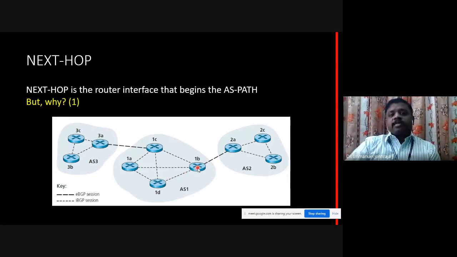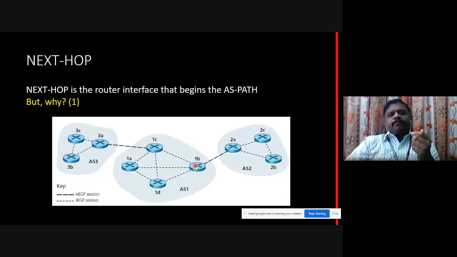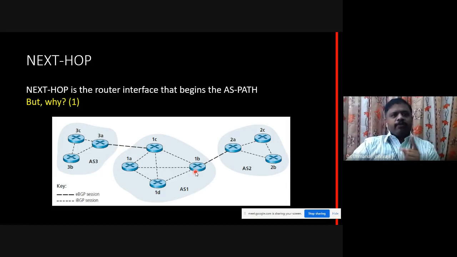Once you see this next hop, you can easily understand the shortest path. Because we have something called hot potato routing, I will also talk about that in the next slide. It is very crucial to find the least cost path when you are forwarding the packet, so knowing the next hop information is very important for us.